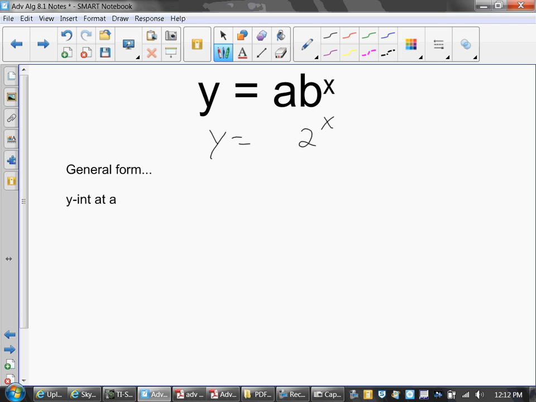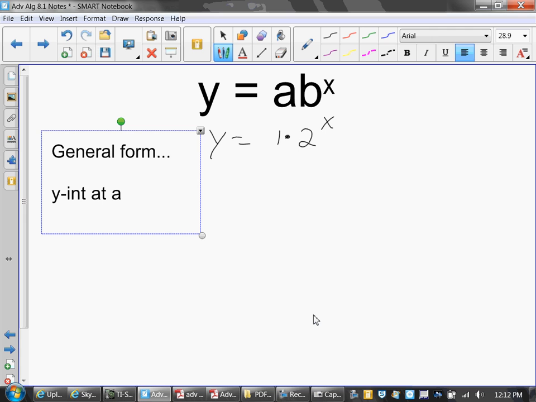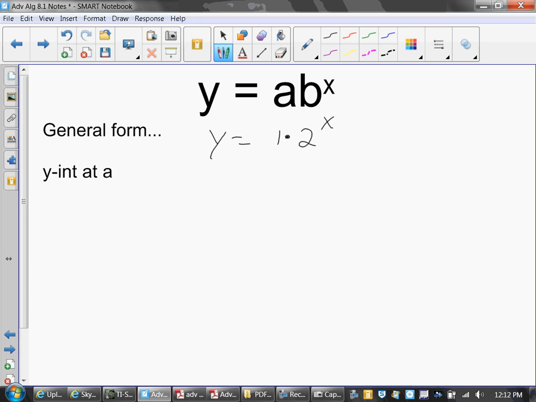Good. So it's the same thing as saying 1 times 2 to the x. Is it possible that 2 can also be a? No, because it's raised to the x. If 2 was a, it would be 2 times 2 to the x. The b value is always the one that's raised to the x.